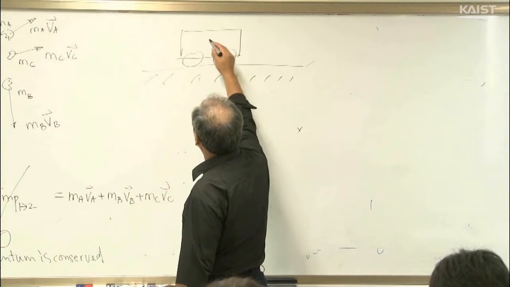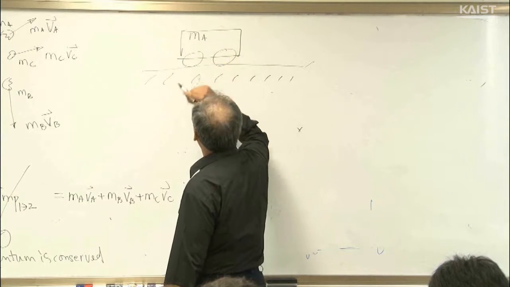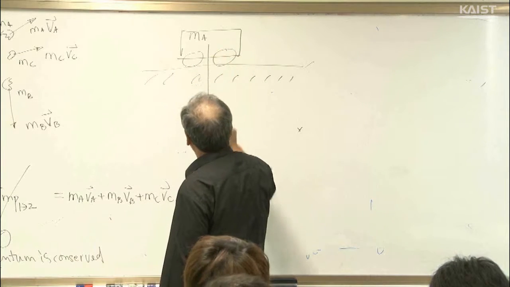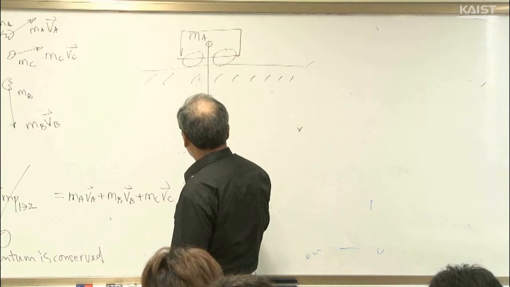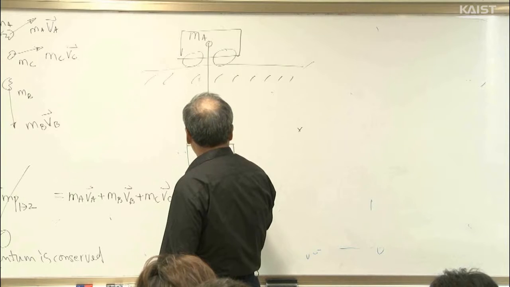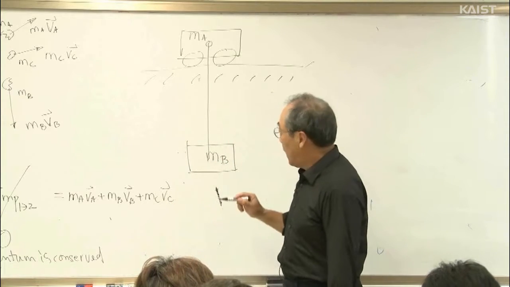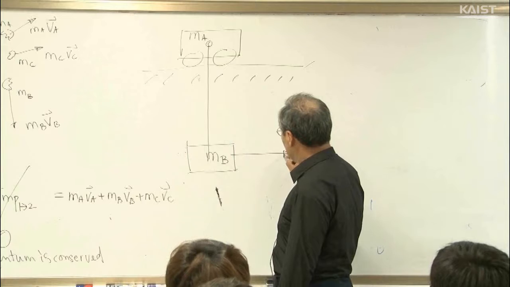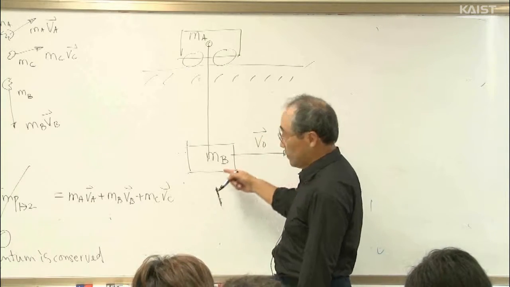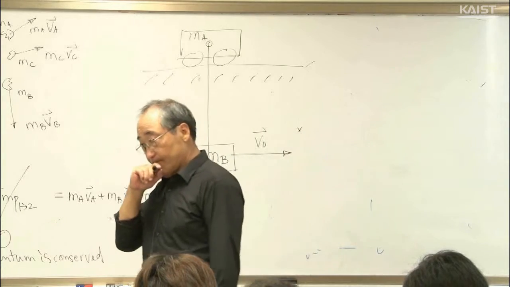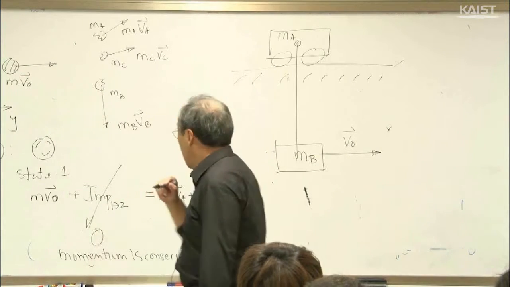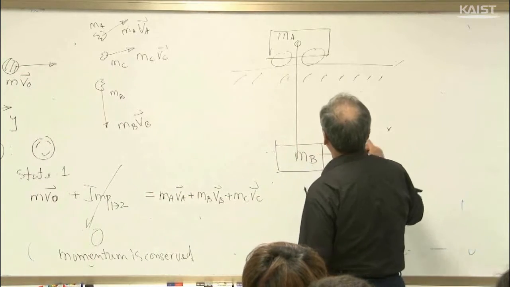This one has a mass A, initially at rest. I have a bar. There is a mass. And I apply the velocity v0 in this direction to this bar. Okay?